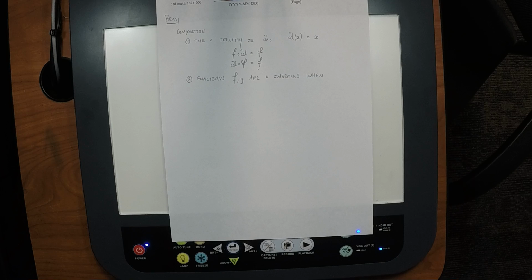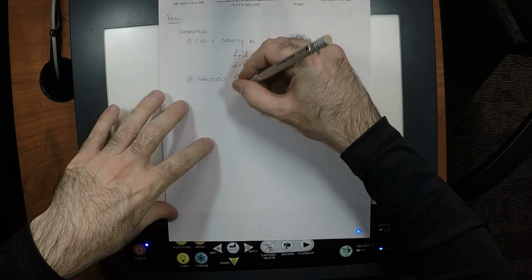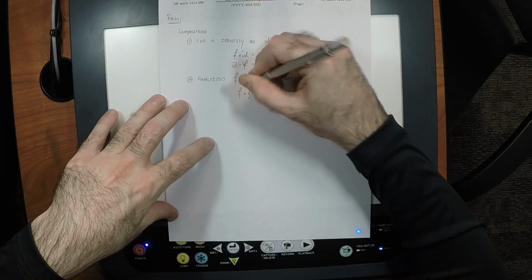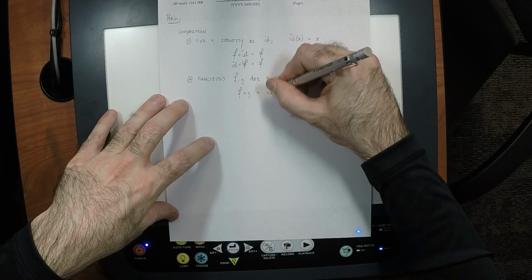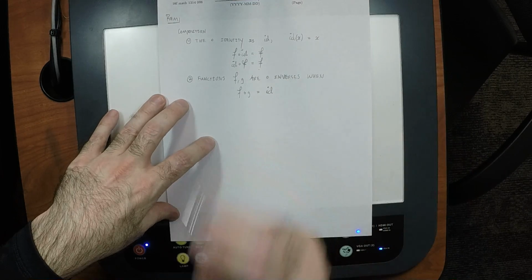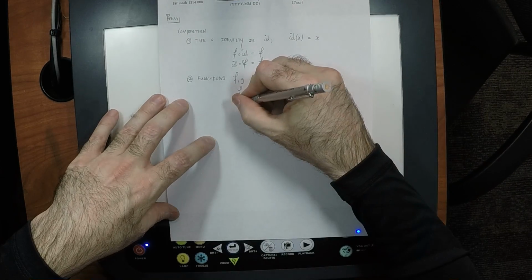Well, if we had two numbers and we wanted to check if they were additive inverses, then we would add them and see if we get the additive identity. So if we have two functions and we want to check if they're composition inverses, what do we do? We compose them and see if we get what? If we get the composition identity. But we have to compose them in both orders.